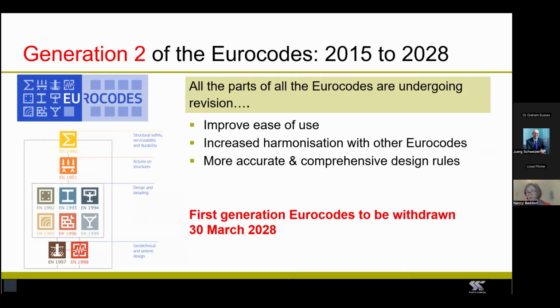Second generation Eurocodes are around the corner, and in fact the stainless Eurocode will be available come January. Second generation, it can't be used yet. We have to write a national annex before it can be used, so it'll still be a couple of years off before the second generation Eurocodes are properly used.